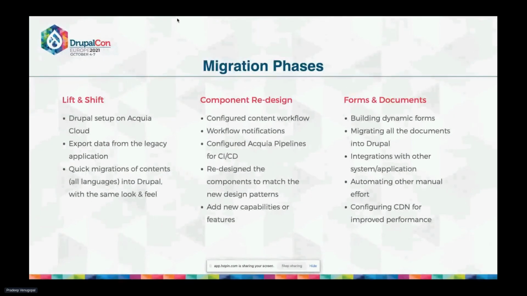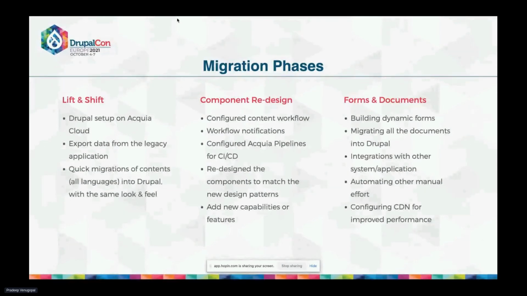And apart from the regular migration, like adding the newer capabilities, we did a lot of other improvements, like integrations that were necessary, or trying to even improve the performance of that particular application as well, by bringing in the CDN, and trying to make use of the other features or services whatever Acquia provides.